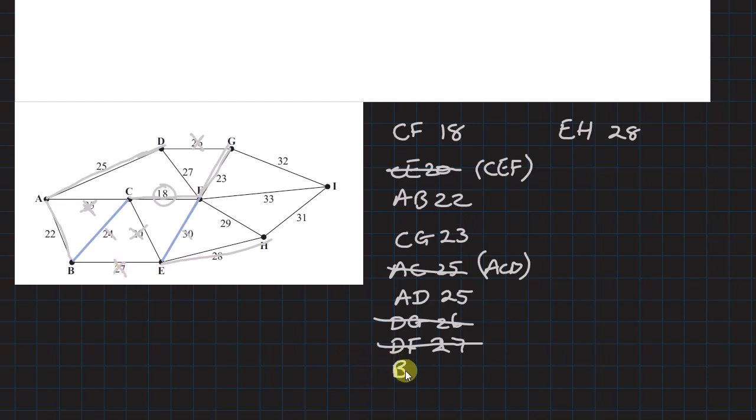So BE for 27 also didn't work. Then we get EH for 28. HF 29, not needed, so I'm not going to use that one. Next cheapest one is HI for 31.